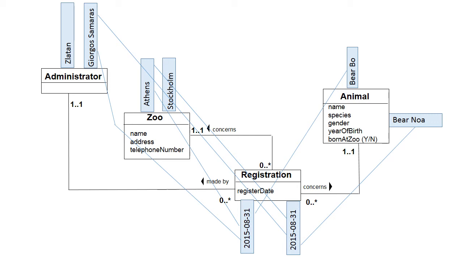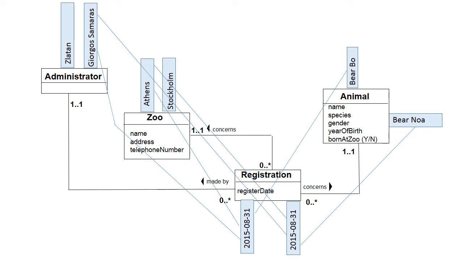We can try one of the ways. So if we take an administrator object, that object does not need to be related to any registration object, but maximum it could be related to many registration objects.